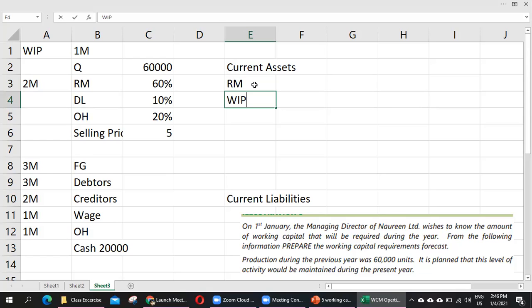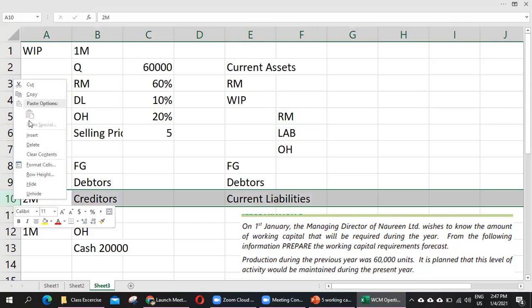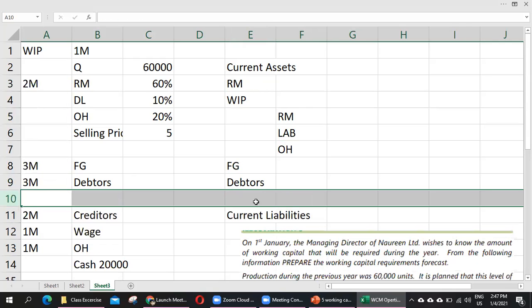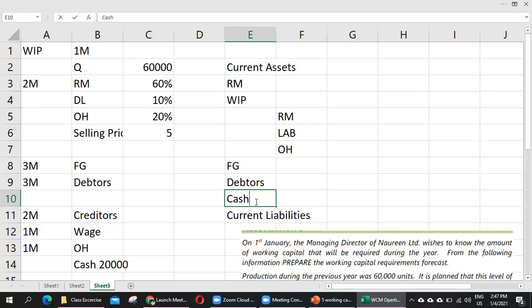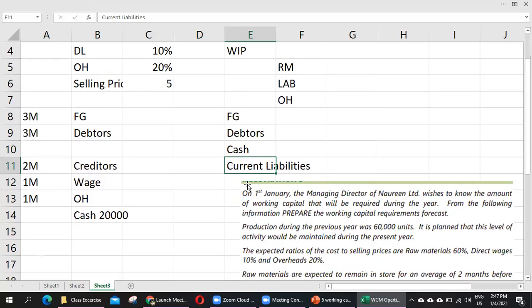Under work in progress, we have raw material, labor, and overhead. And finished goods, debtors, and also cash.